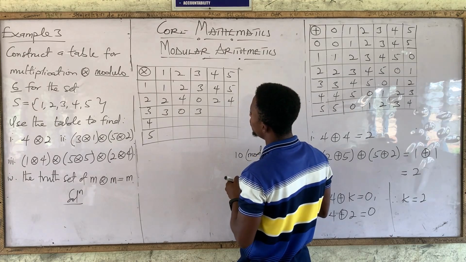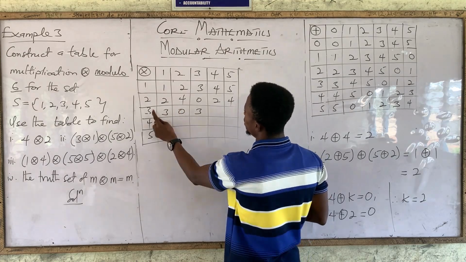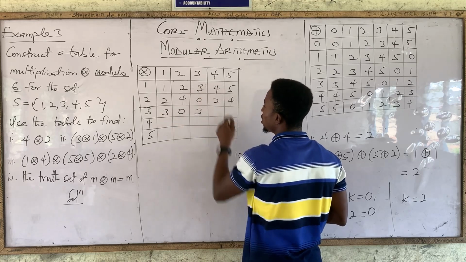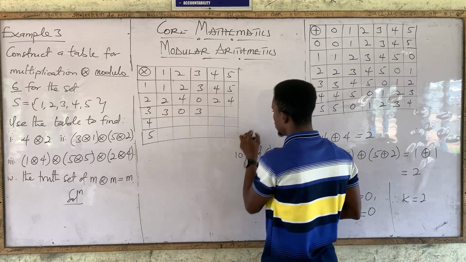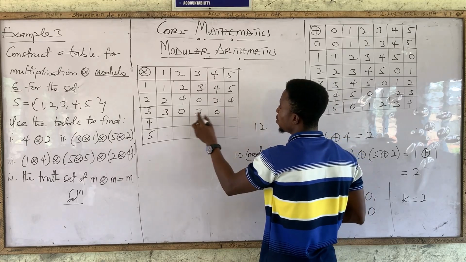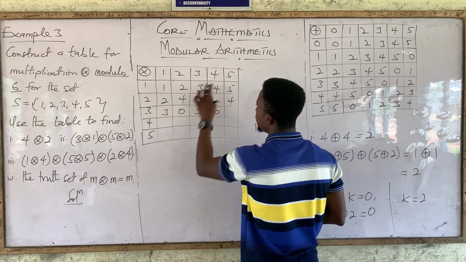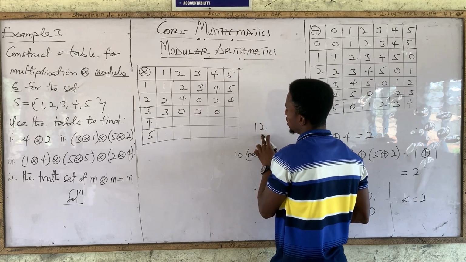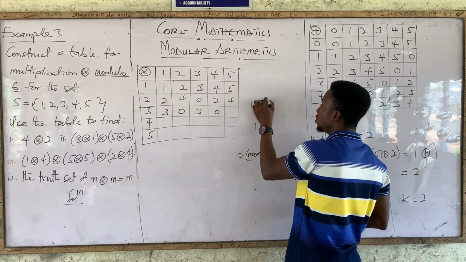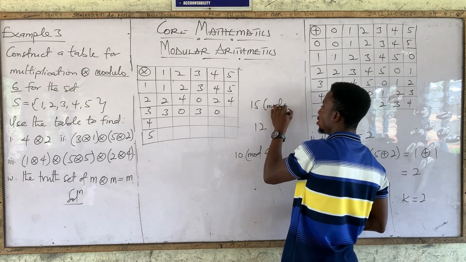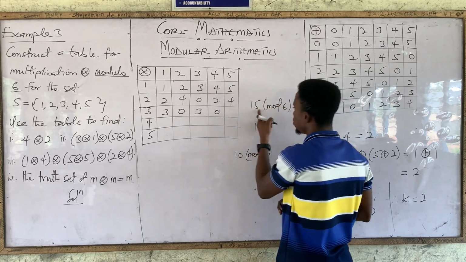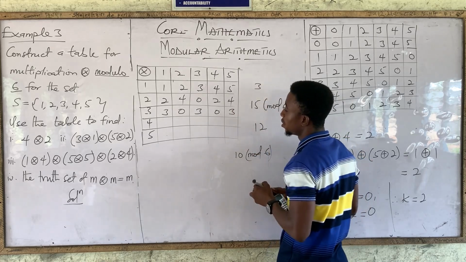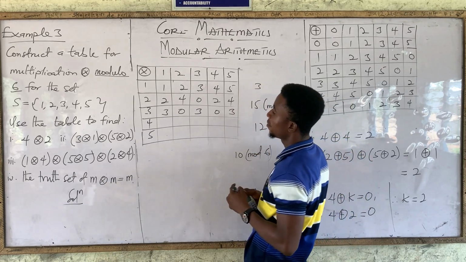Then we have 3 times 4, that is 12. 12 in modulo 6 is 0. Then 3 times 5 is 15. 15 in modulo 6, we are going to have 2 groups of 6 and 3 will be left. So that is 3. Okay, so that is that for that one.